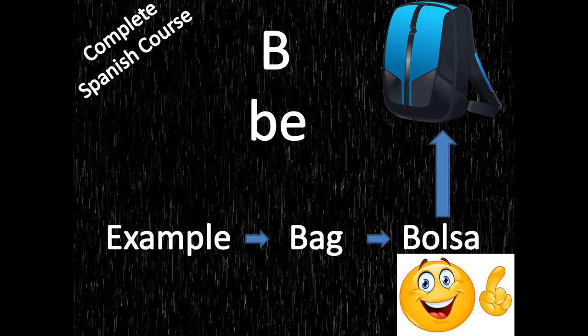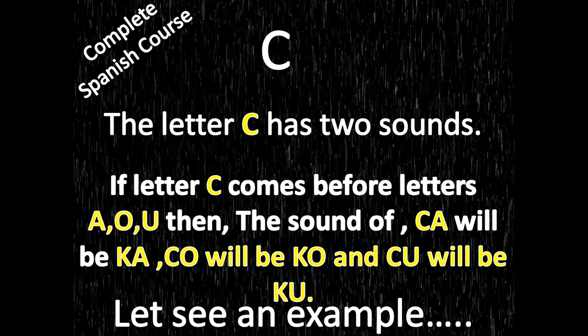The next letter is C. But in Spanish the letter C has two sounds. If letter C comes before letters A, O, U, then the sound of CA means here C comes before letter A, then the sound of CA will be Ka.